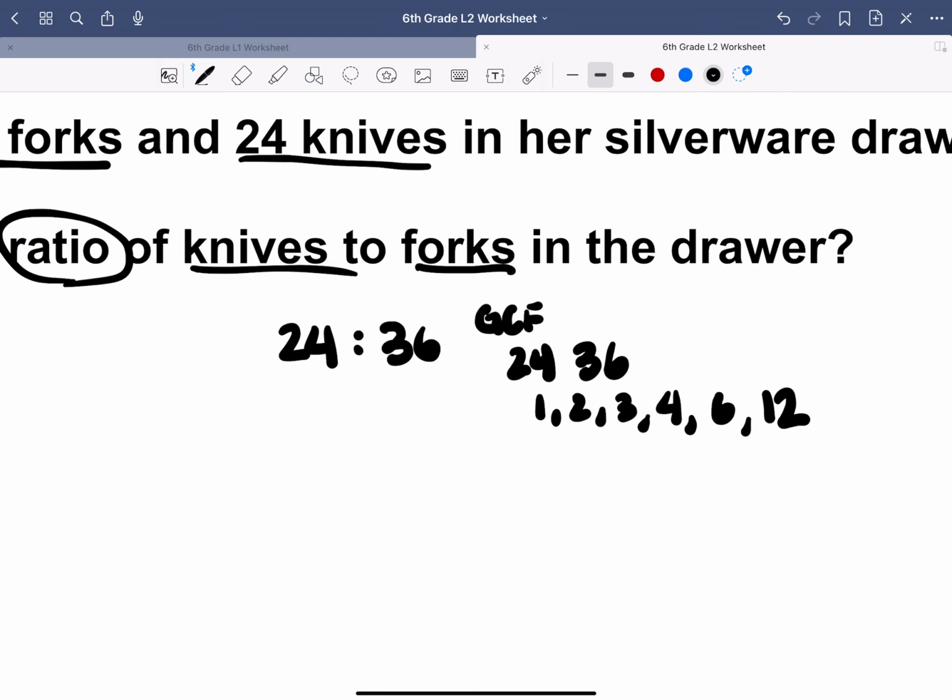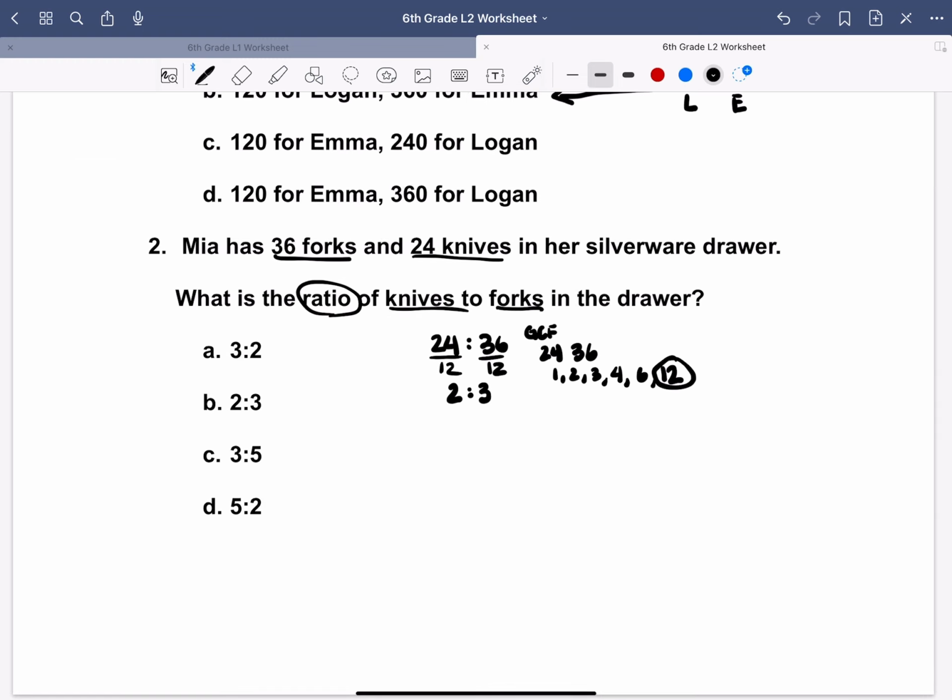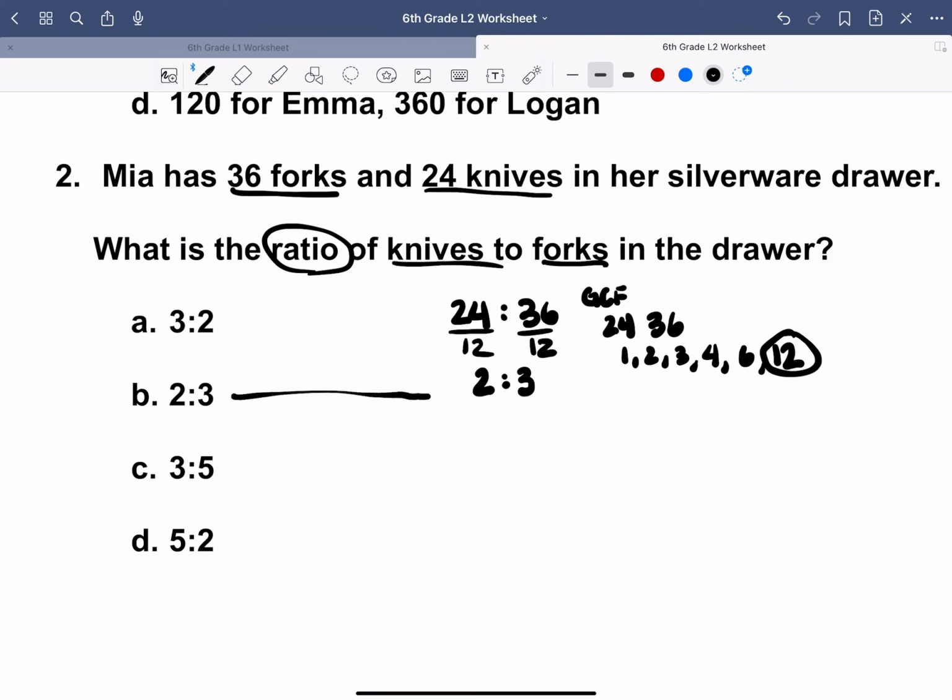Yeah, and our greatest common factor is 12. So I'll divide these by 12 to get a ratio of 2 to 3. And that is B in this equation. All right. B.